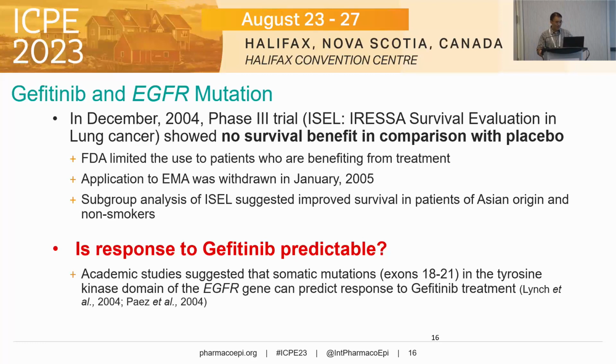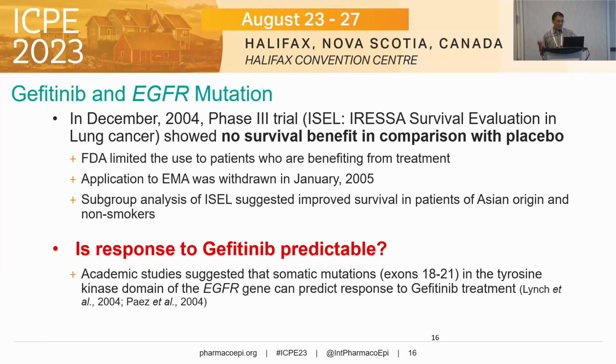It's also very interesting that in the same year, 2004, there were two simultaneous publications that came out almost at the same time. One came from Mass General Hospital, another from the Dana-Farber Cancer Institute. One was published in the New England Journal of Medicine, the other in Science.